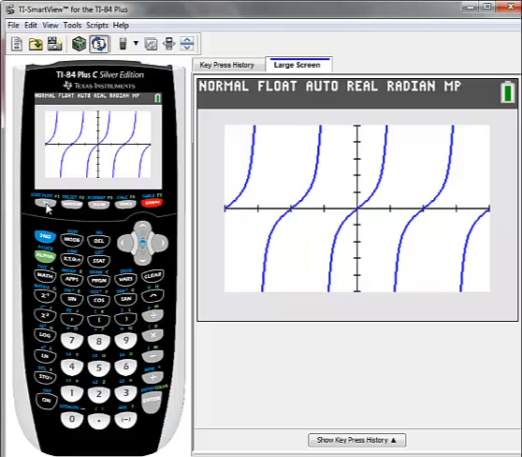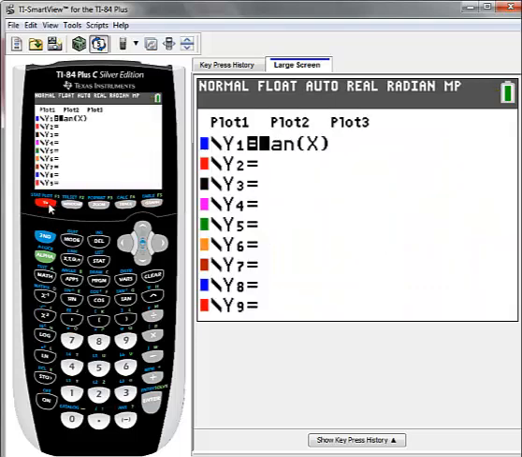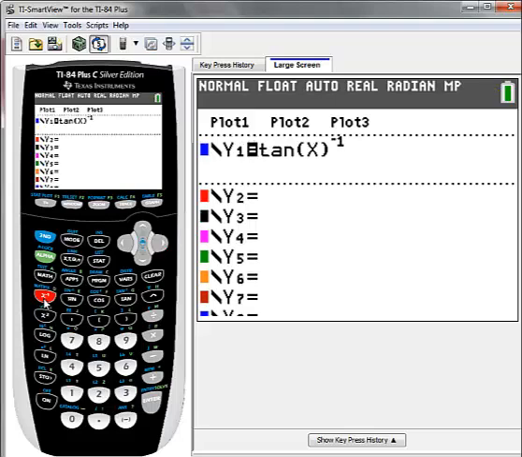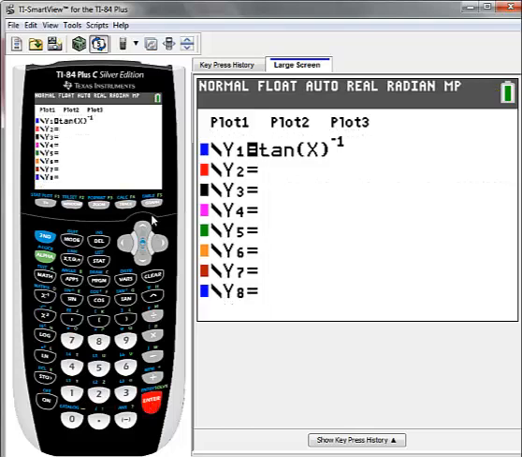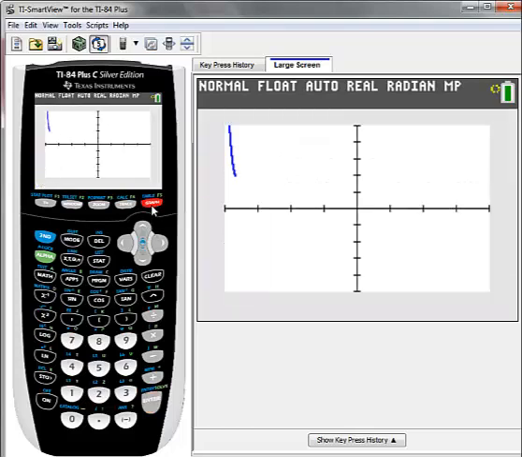If I want to graph cotangent, remember cotangent is the reciprocal of tangent, and I'm actually going to use the reciprocal key, which is this x to the -1 power. If I graph this guy, I see that now my graph is strictly decreasing. All those curves are coming downward.